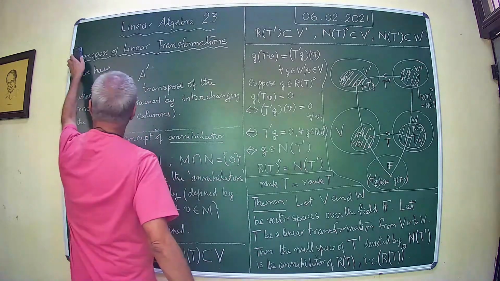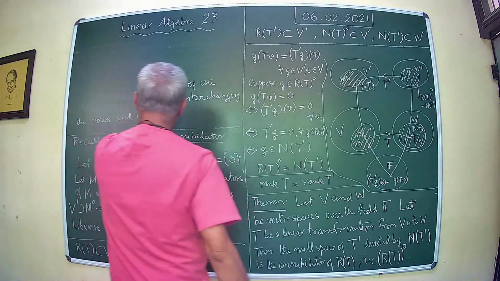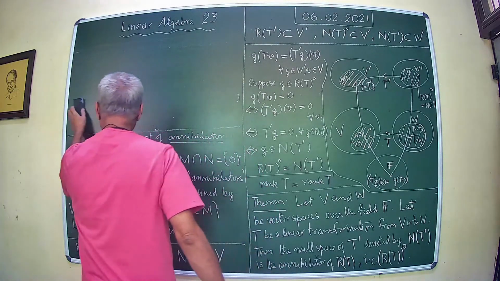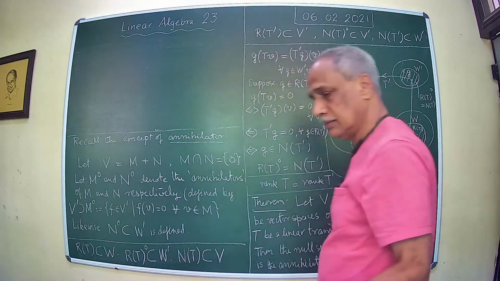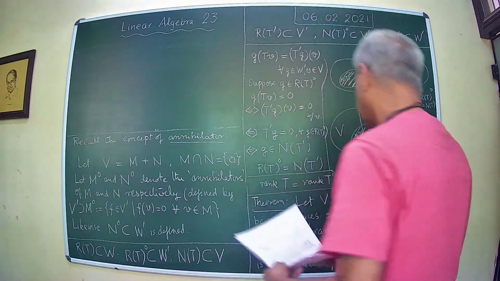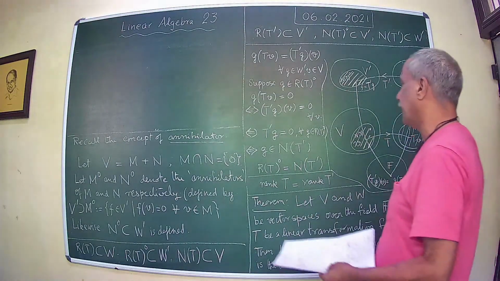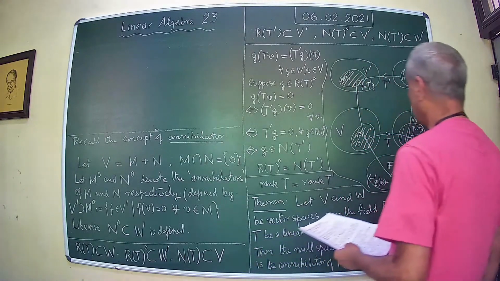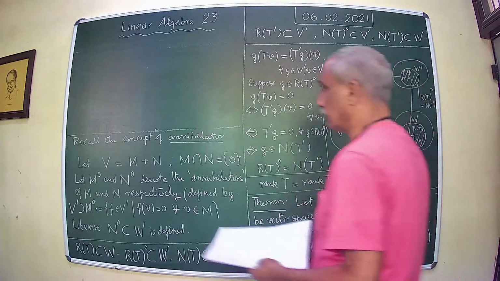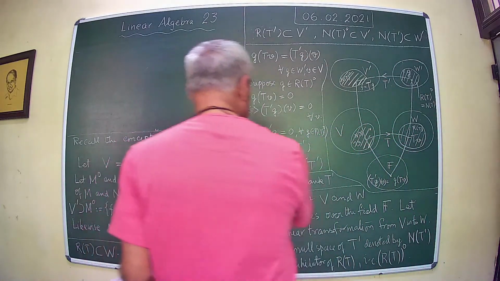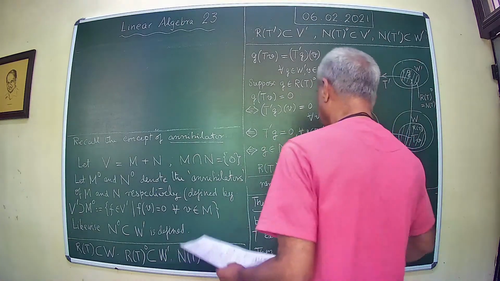Now we have some precise information about the rank of T and the null space of T, because we are talking about the dimensions of R(T) and N(T), or even rank of T and rank of T prime, etc. So you will have to work in finite dimensional spaces, and that is where it is defined. For the first part, we are not making any assumption that V and W are finite dimensional.